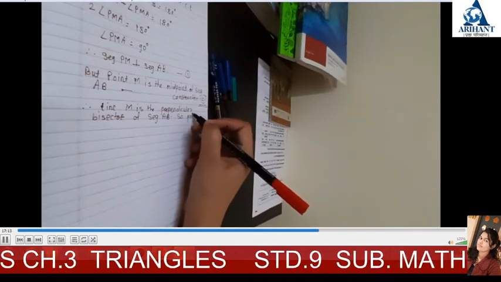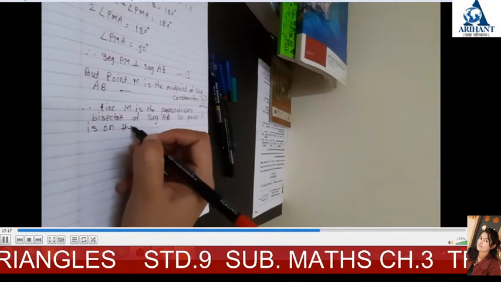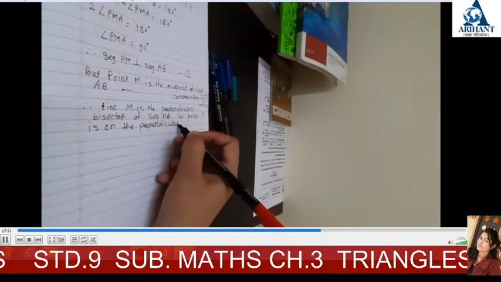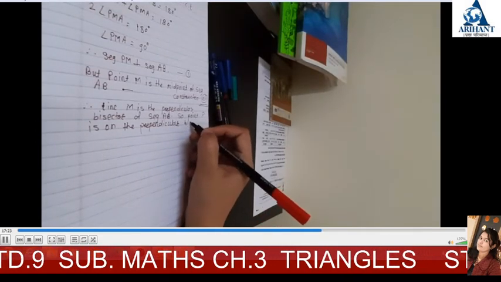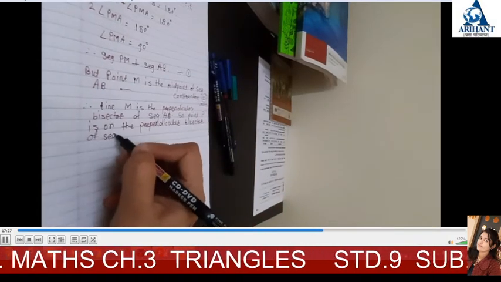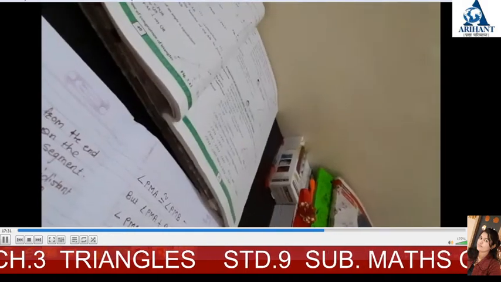So point P is on the perpendicular bisector of segment AB. This is the proof.